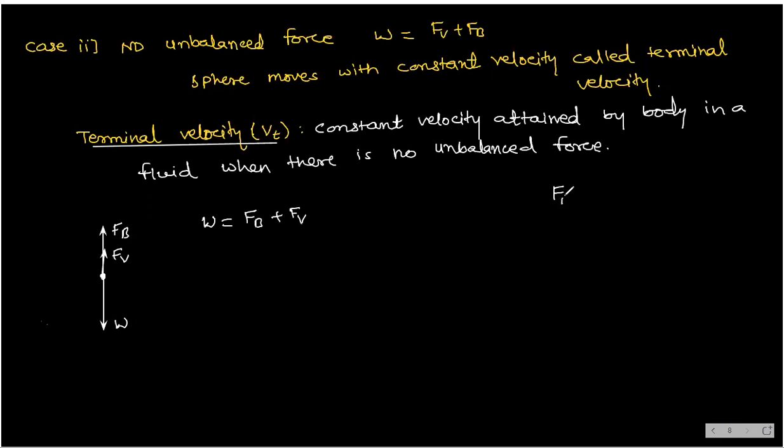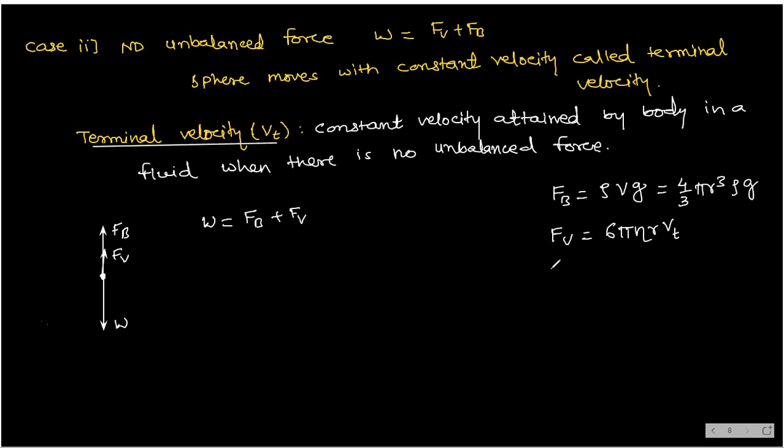The buoyant force formula is density of fluid rho into V into g, and the volume of the sphere is 4 by 3 pi r cube, so Fb is 4 by 3 pi r cube rho g. Next, Fv is 6 pi eta r Vt, where Vt is the terminal velocity.